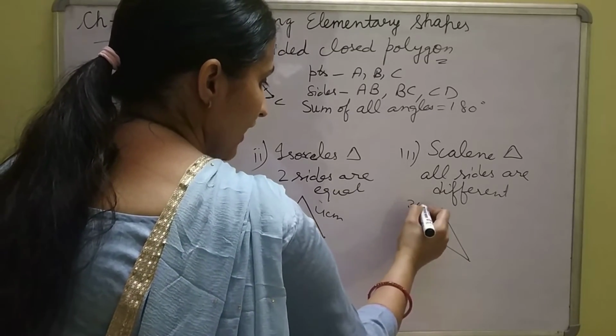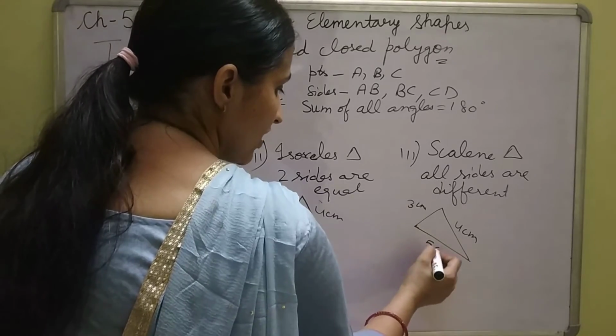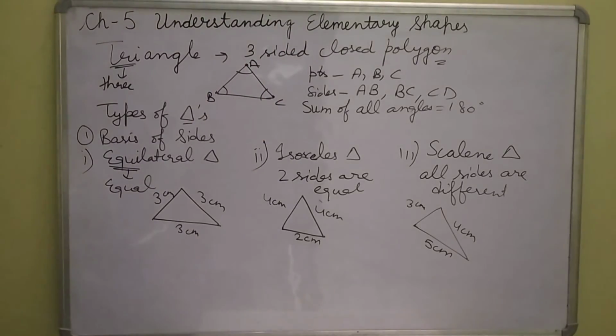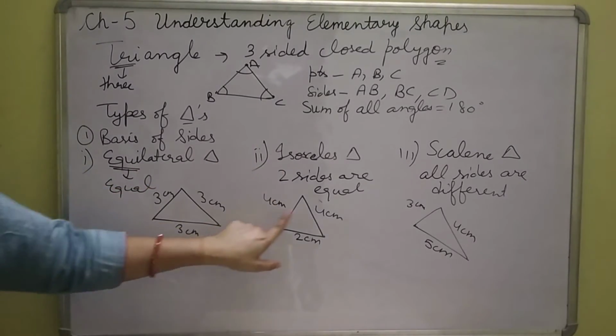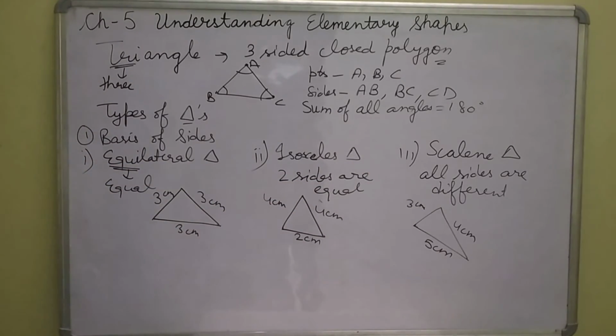This is 3 centimeter. This is 4 centimeter. This is 5 centimeter. So this way whose all sides are different. So these are three triangles on the basis of sides. Equilateral, all sides equal. Isosceles, two sides are equal. Scalene, all sides are different.